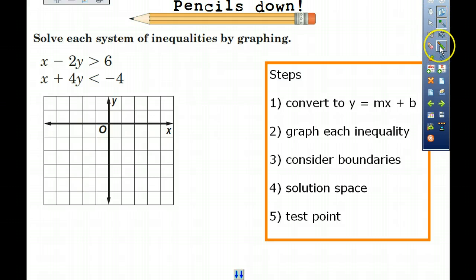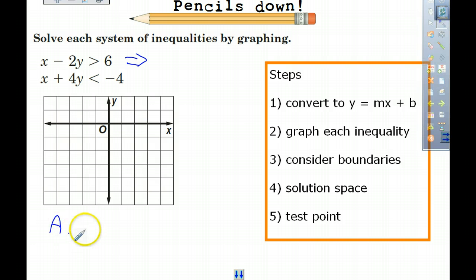Go ahead and solve this for y. And tell me, and we'll do shade.